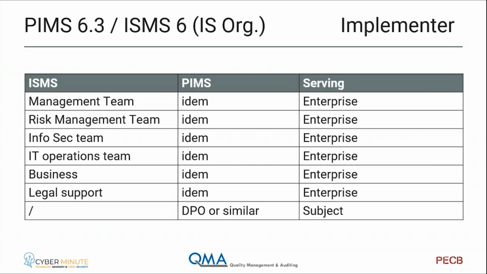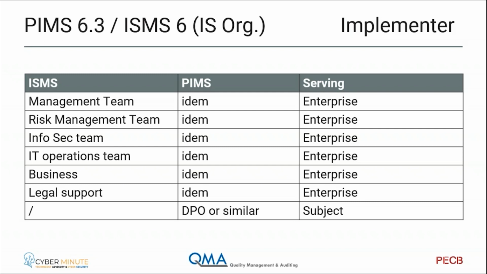Very important also for the organization, the PIMS system adds additional requirements to have responsible people for handling your privacy data, personal data, and very typically, referencing the GDPR, you must have a DPO function or a privacy expert function in your company. As you remember, officially assigning a DPO is mandated by law for federal government and so on, but it's an add-on function.